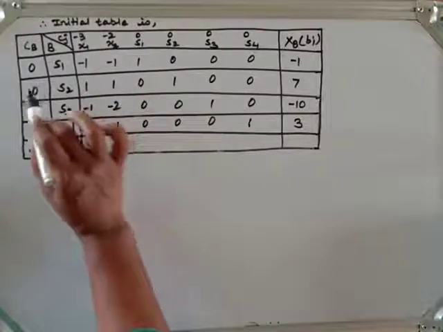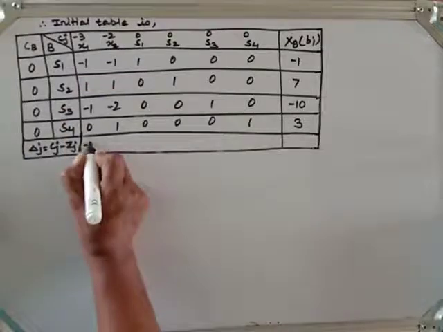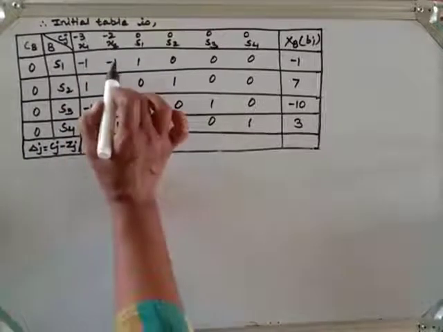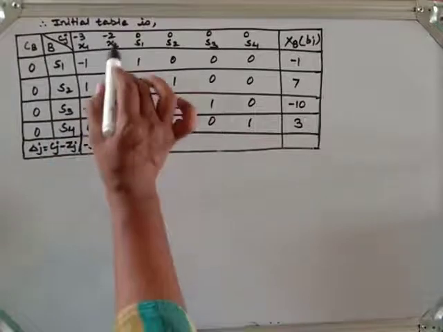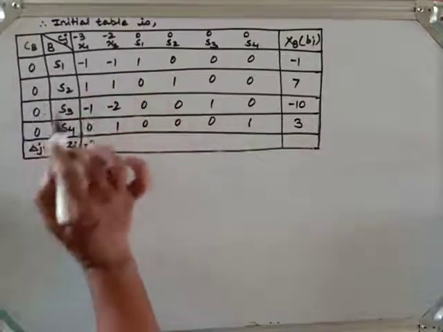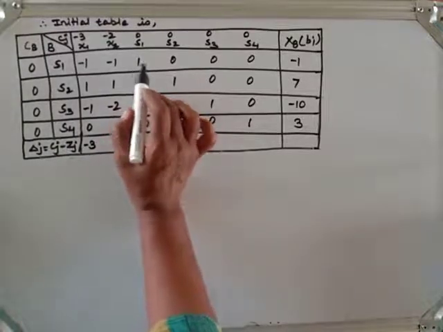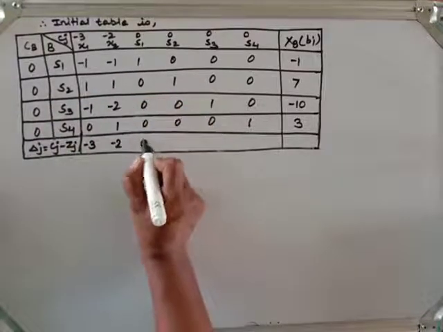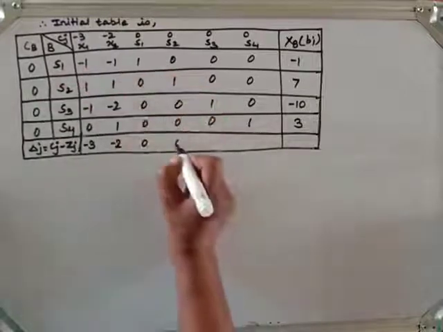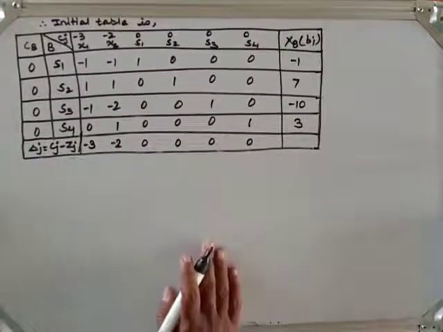Here 0 plus 0 plus 0 plus 0. So here Cj minus Zj will be simply minus 3. Here again minus 2 minus these Zj's. So again it is 0. So it is simply minus 2. Now again here it will be 0. Here also it is 0, 0 and 0. You can see it.